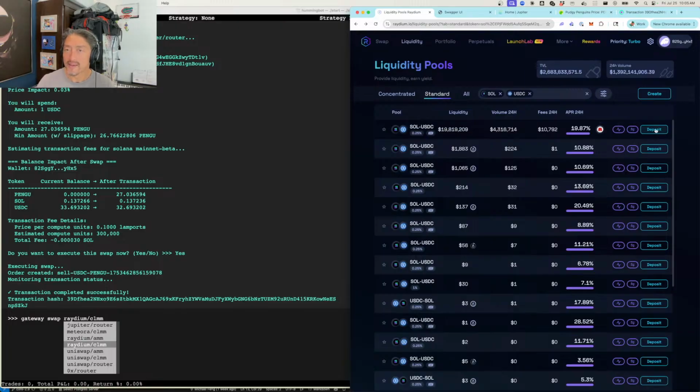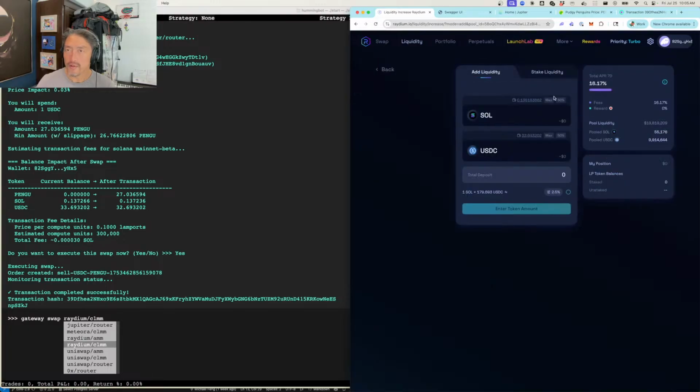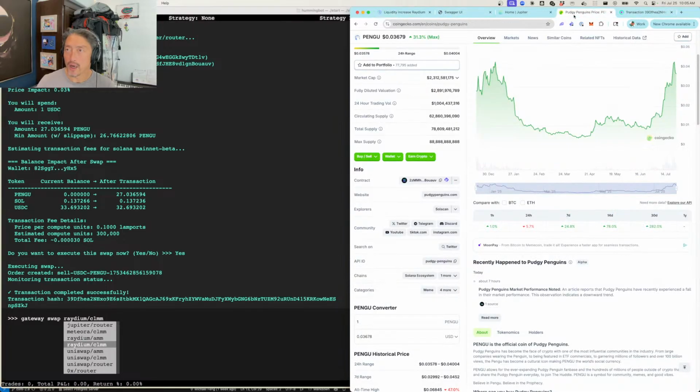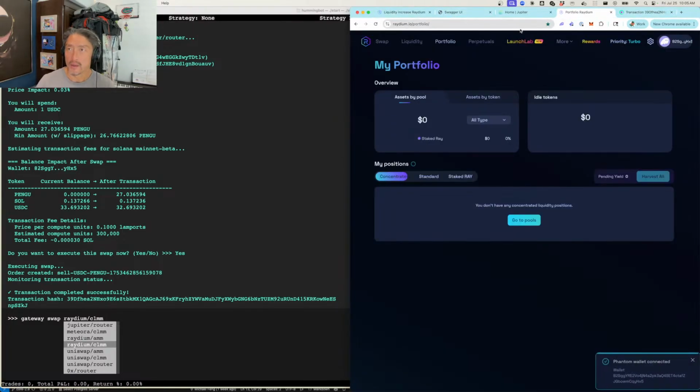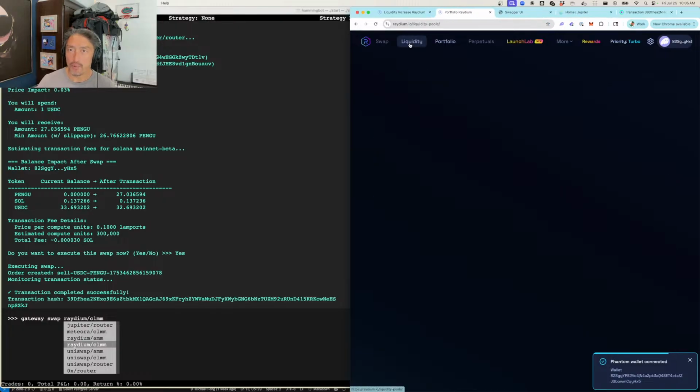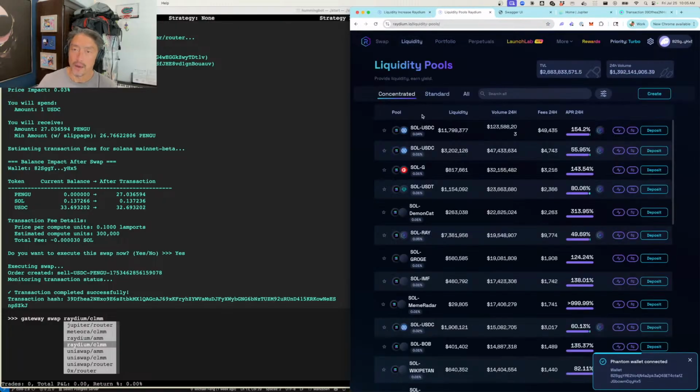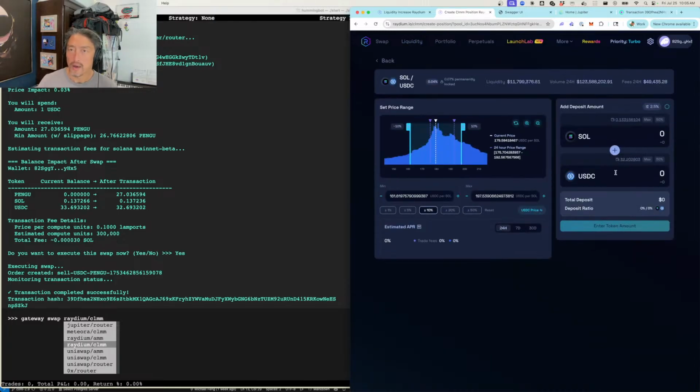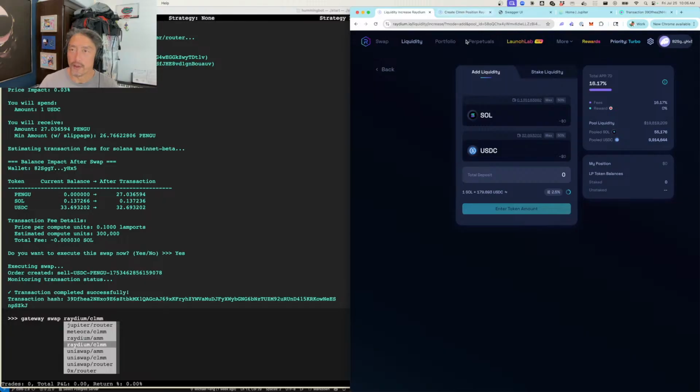This is a standard pool, like this, but we can also find a Raydium CLMM pool, like this one here. So this one has 11 million liquidity, and this one allows people to deposit like this.